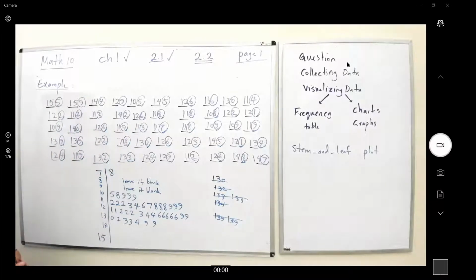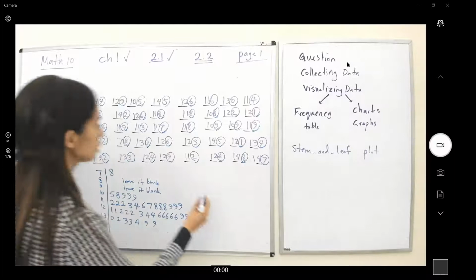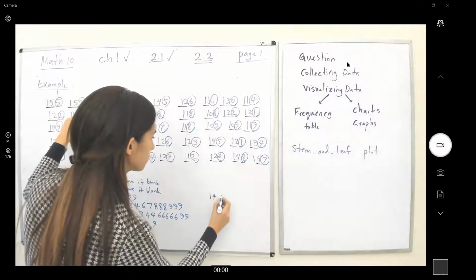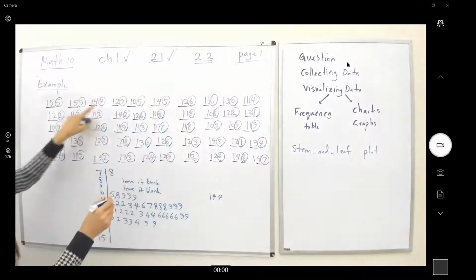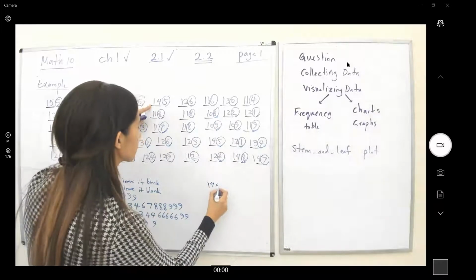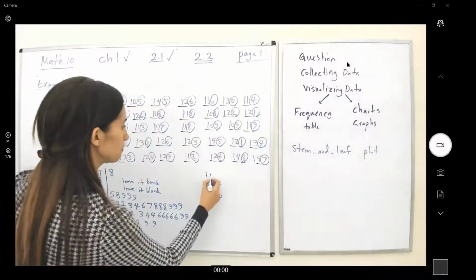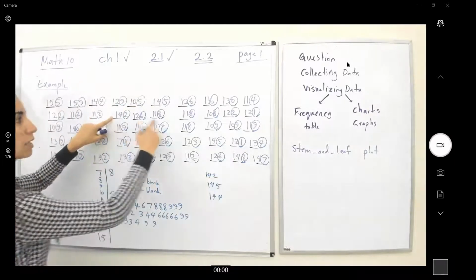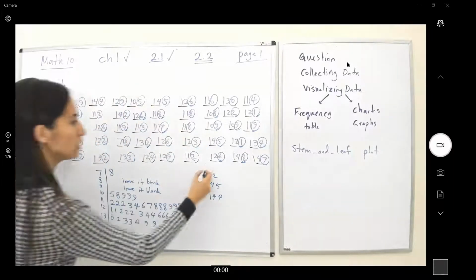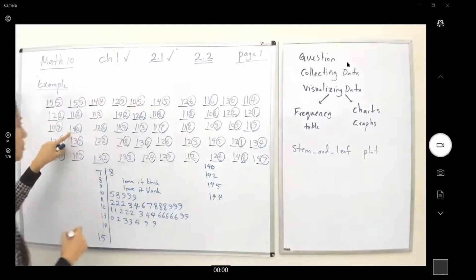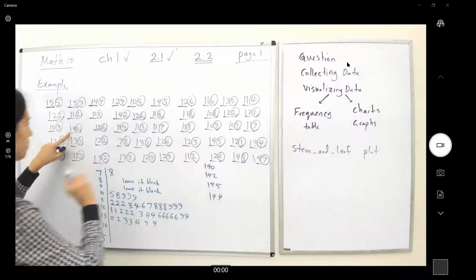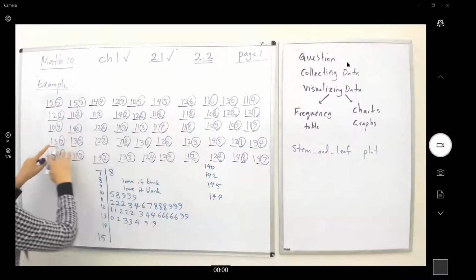Excellent. How about 14? Let us find them all. 14.4, 14.4 and 14.5. Then we have 14.2. Then we have, okay, 14.0. Okay, perfect. What else do I have here?